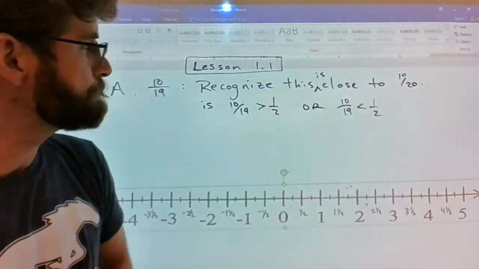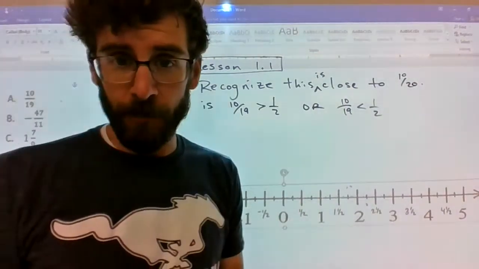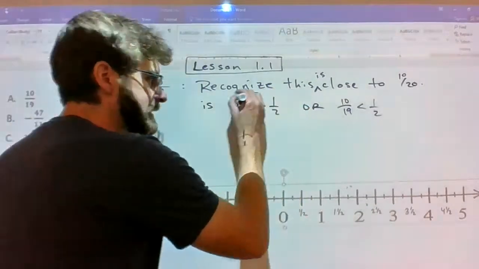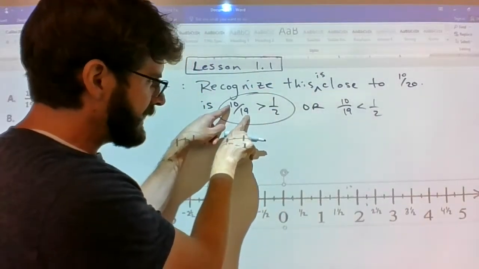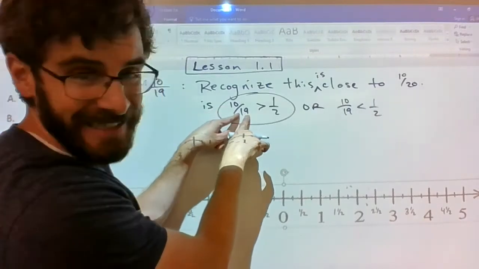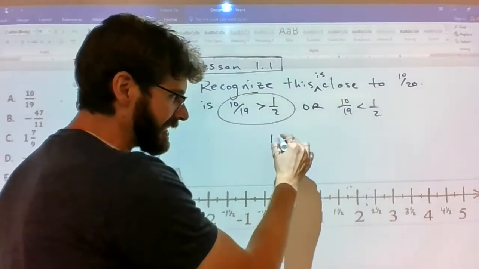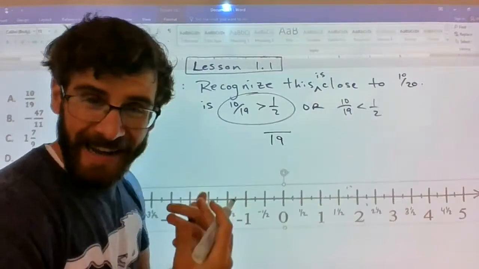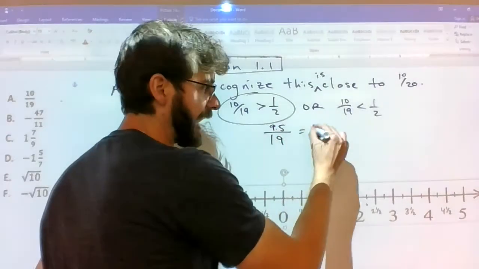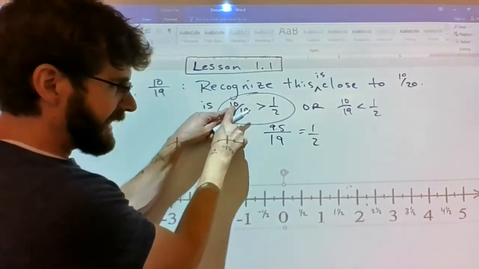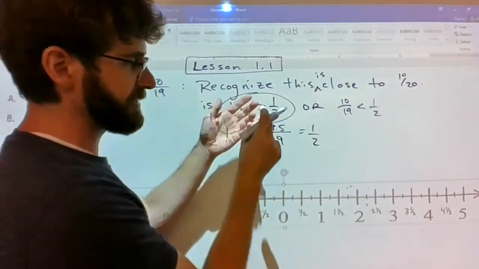Well, we can say right away that it's going to be bigger because 10 is bigger than half of 19. 19 cut in half is 9.5. That's what equals a half. 10 is bigger than 9.5, which means it's got to be bigger than a half.